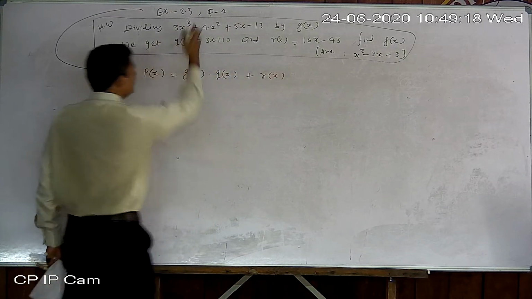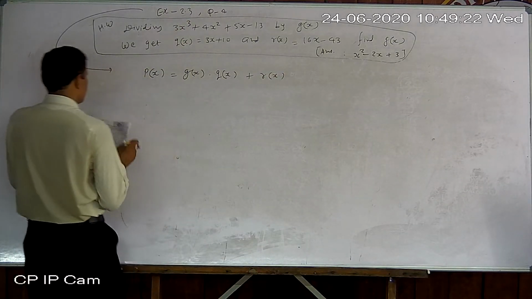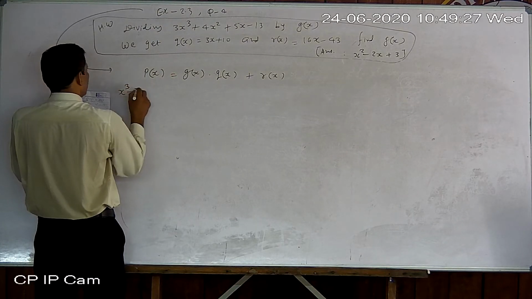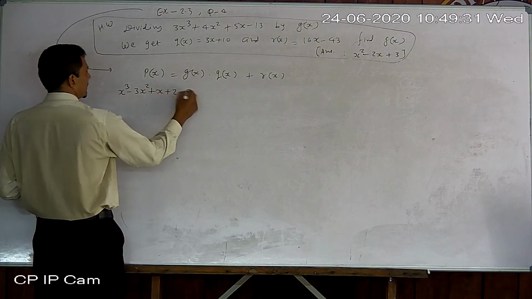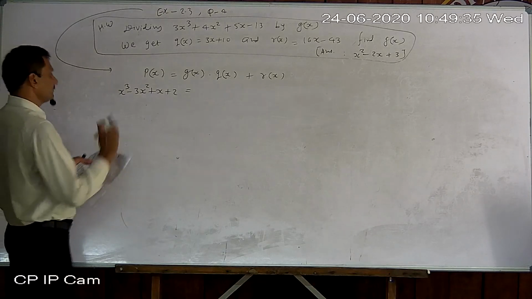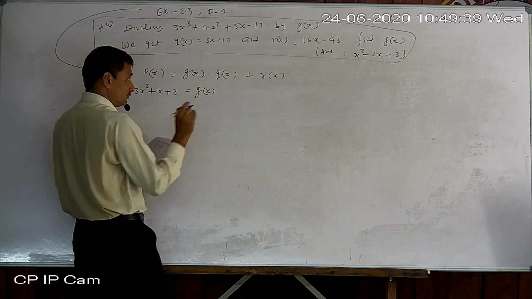Now place all values. First of all, the main polynomial which is being divided is p of x, so x cube minus 3x square plus x plus 2. That is the given p of x. The divisor polynomial is not given, that we have to find.